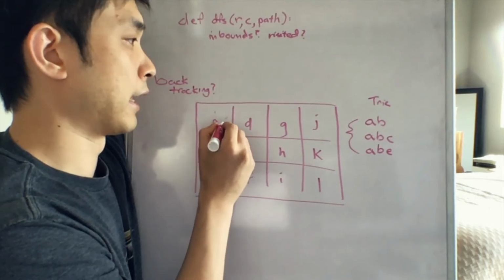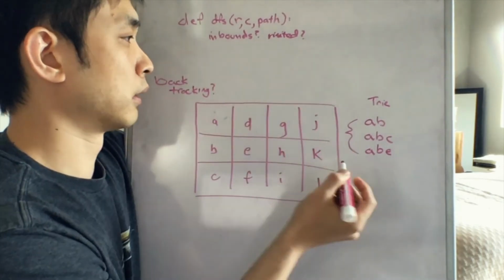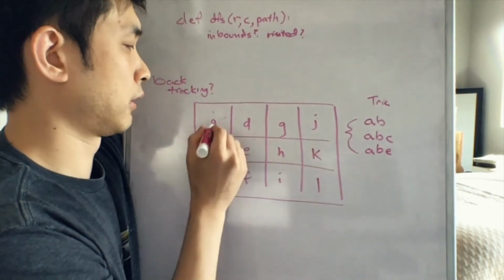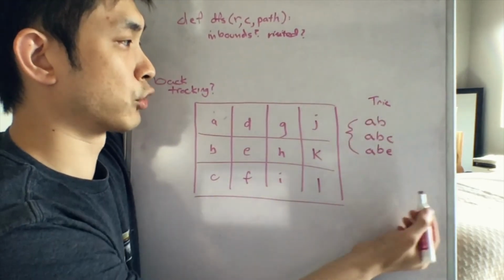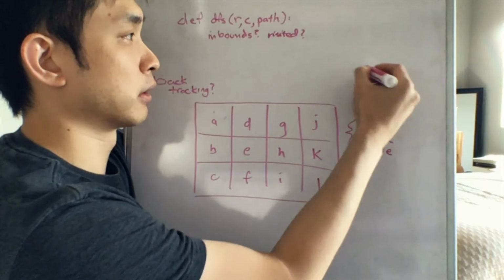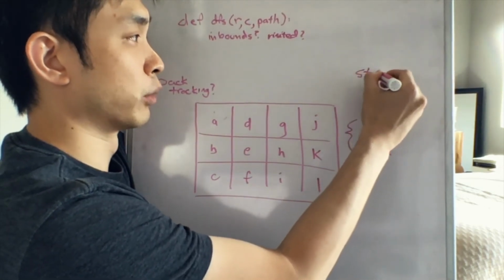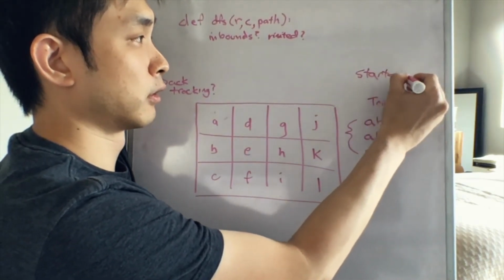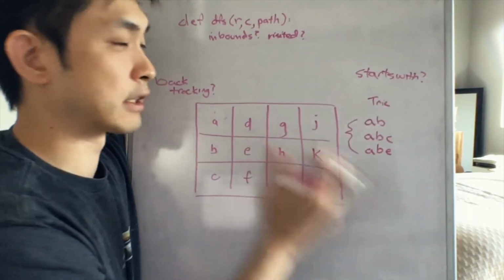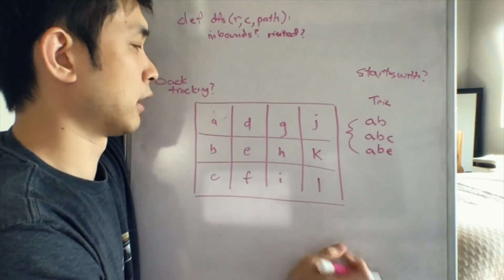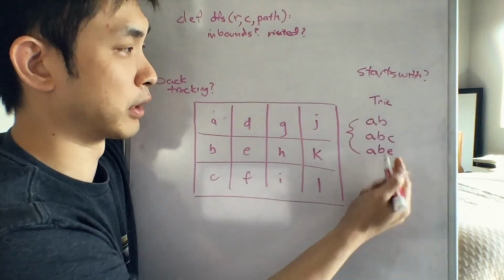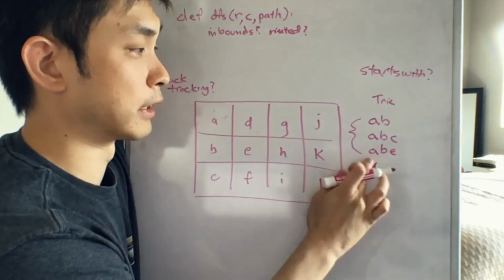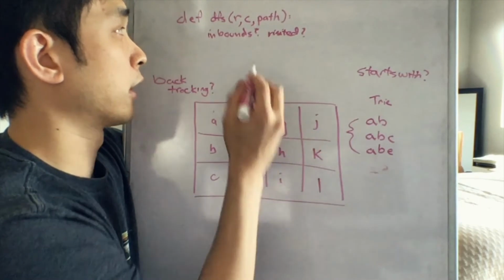So once we're at A, now we want to check to see if we should even continue this, right? Because is A inside of our tree? And we have that function starts with to know whether or not the rest of the algorithm is necessary. Say we were at D. If we check to see if D starts with, and we immediately see there's nothing that starts with just D, then we should just end the algorithm right there, right?